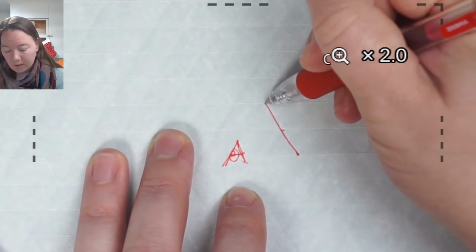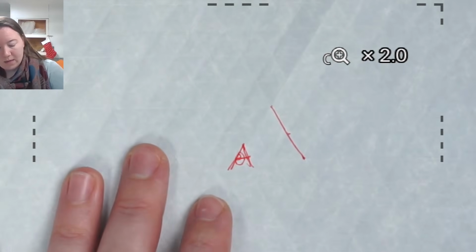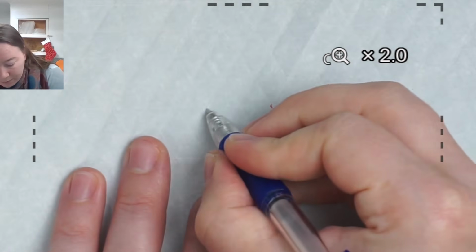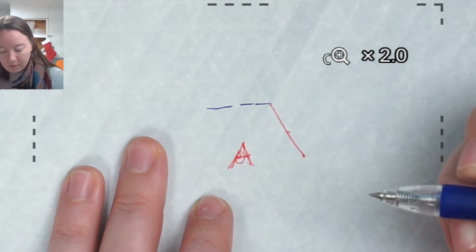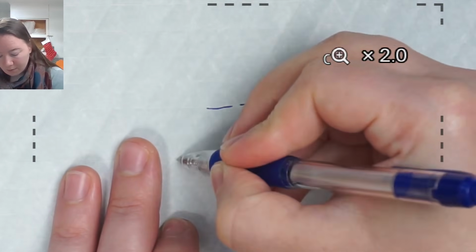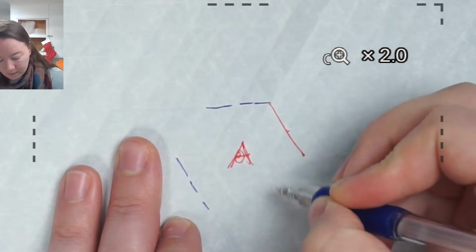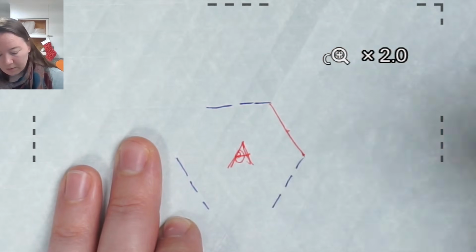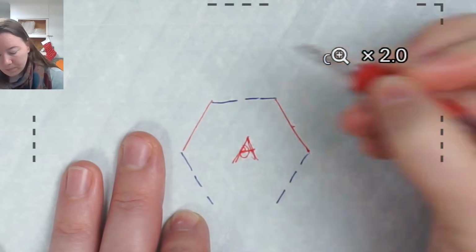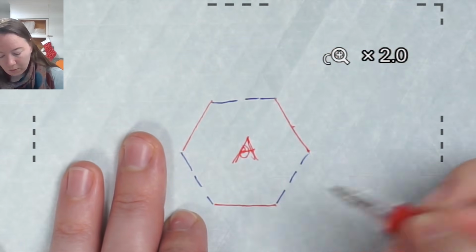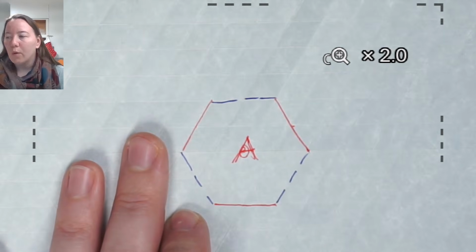One feature that you'll see is that there is a mountain fold 2 spaces away from the center that runs for 2 spaces before it hits a valley fold that is also 2 spaces away from the center and runs for 2 spaces. And there's 3 copies of each of these folds as you go around the center.